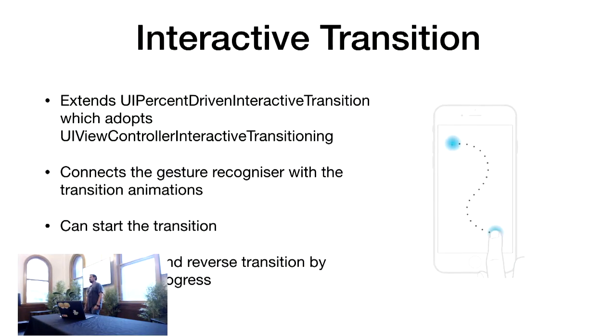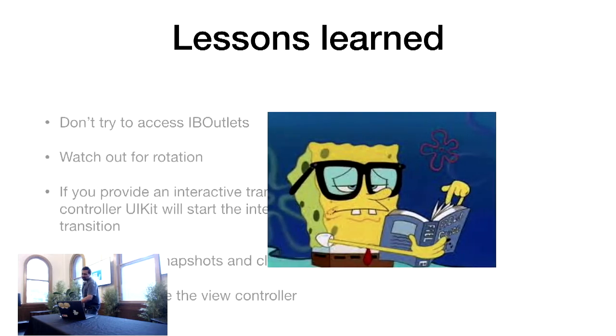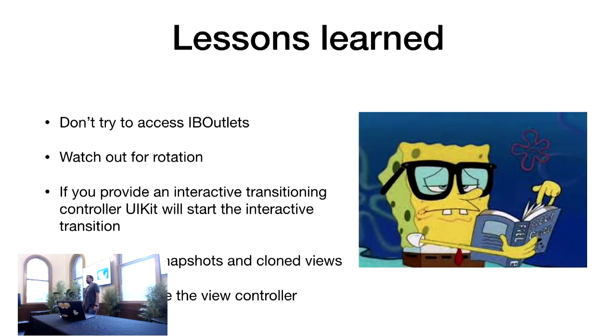So as usual, I had my own struggles with UIKit. So there were a whole bunch of lessons learned. The first thing is, as I was telling you, that UIKit clones the from and the to view controller, and that's what you get in the context. If you ever try to access the IBOutlets on those instances, your app crashes because they're completely invalid.